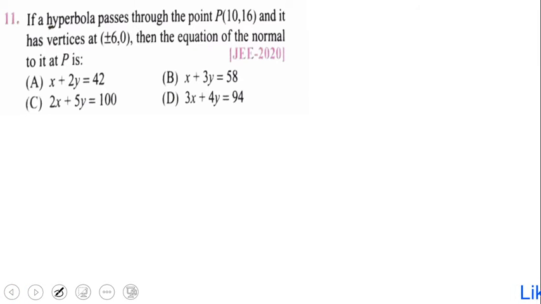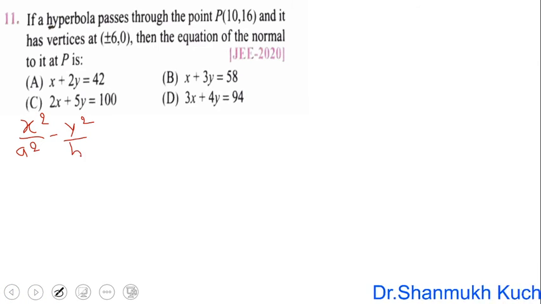We'll move to the next example, example number 11. Here the equation is a hyperbola. So I write the standard equation, x square by a square minus y square by b square equal to 1.